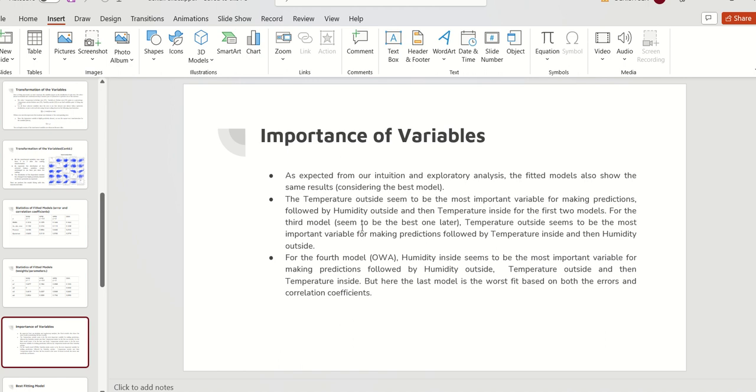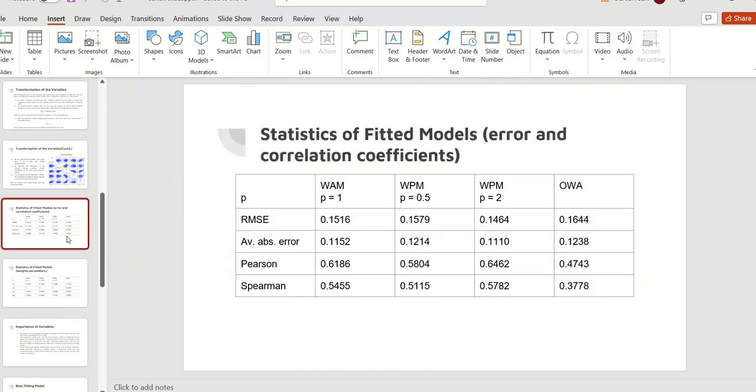For the third model, which seems to be the best one, the temperature outside seems to be the most important variable, followed by temperature inside and then humidity outside. For the fourth model, humidity inside seems to be the most important variable for making predictions, as you can see in this one.